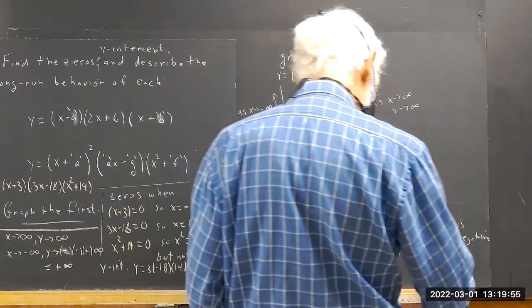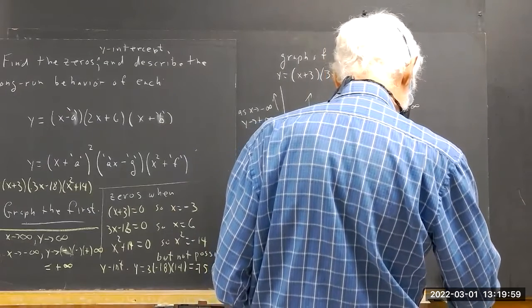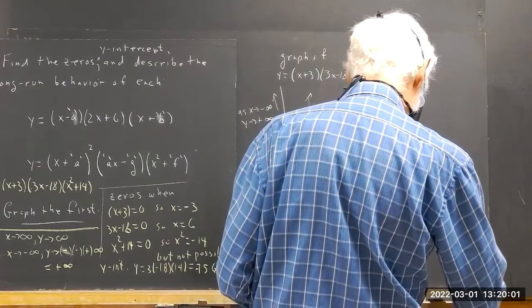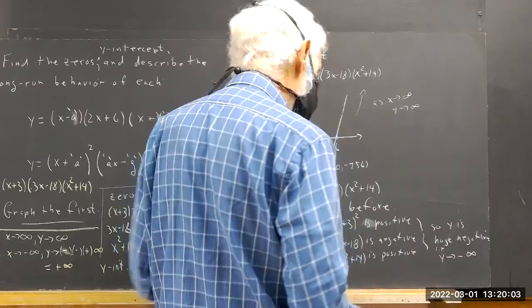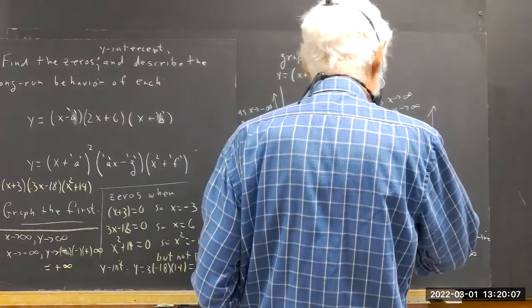Y is going to be a huge negative. That is, y approaches negative infinity. So now you have a graph with the same zeros as before.